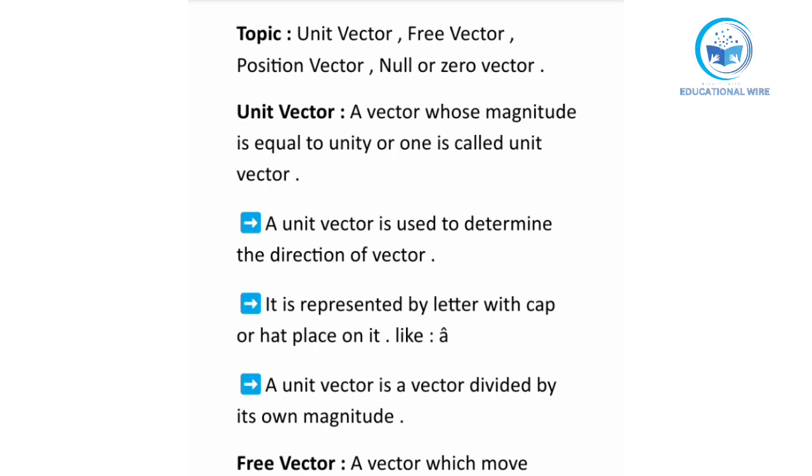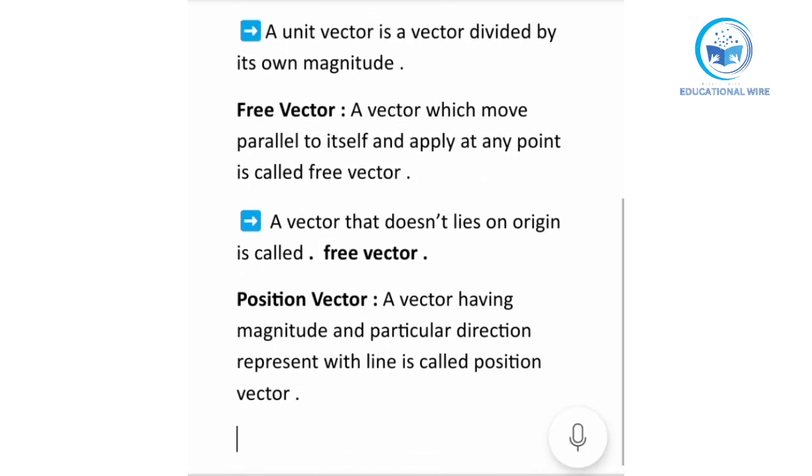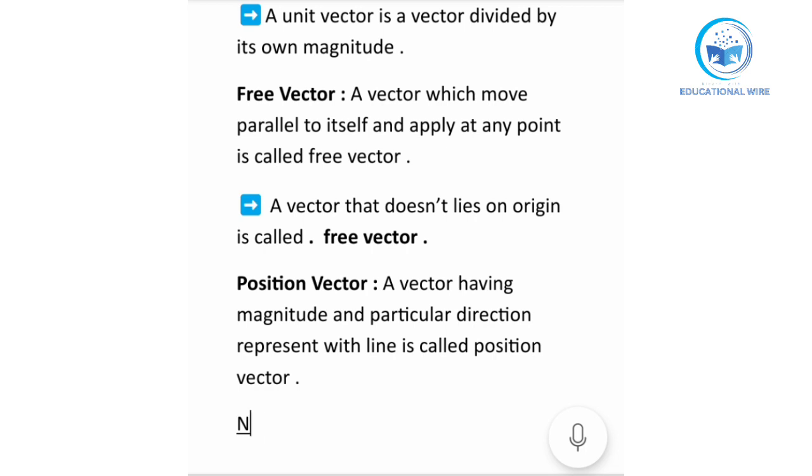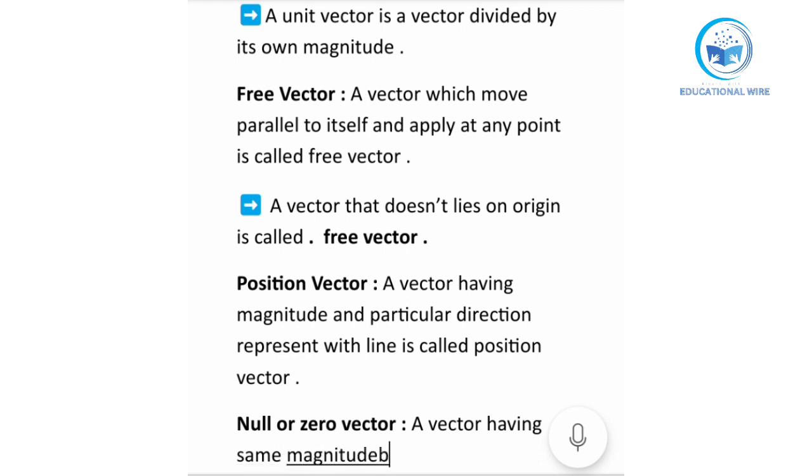Now lastly, what remains is the null or zero vector. Basically, a null or zero vector is a vector having same magnitude but opposite direction.